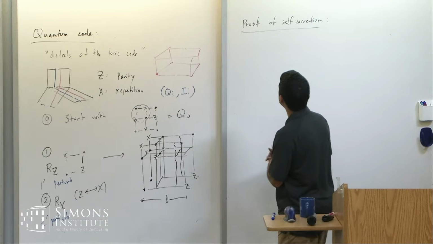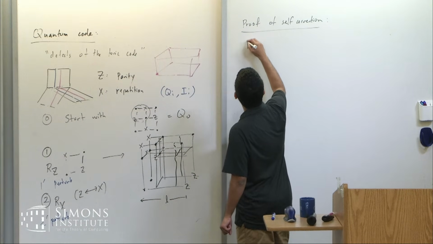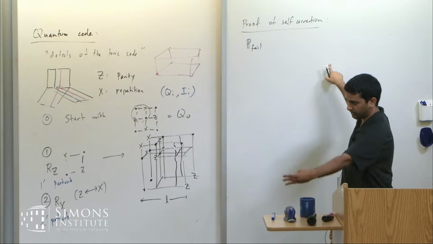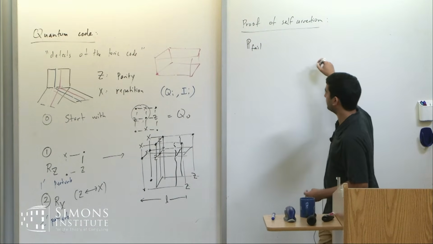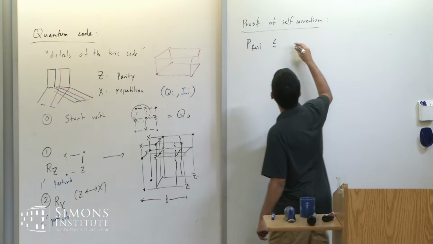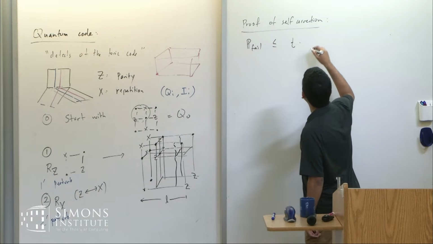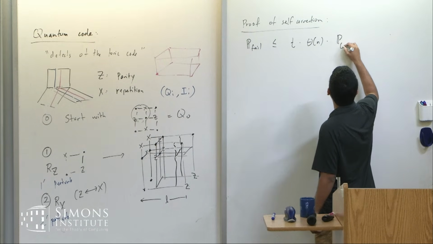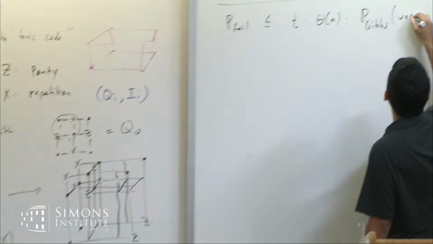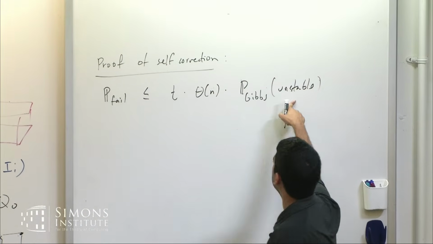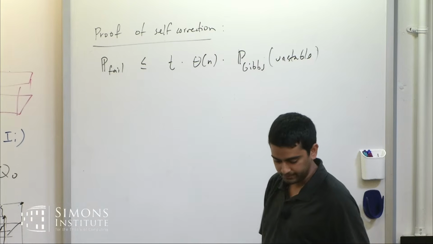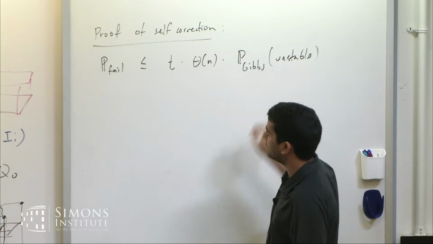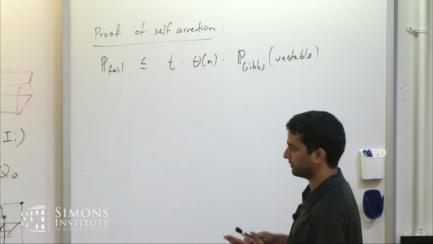And just like before, the probability that the encoding, evolving, decoding procedure fails, I bounded by some t times some quantity that was theta of n times some quantity which was the probability of an unstable configuration under the Gibbs measure, right? And in order to define these unstable configurations, you need to utilize a decoder.